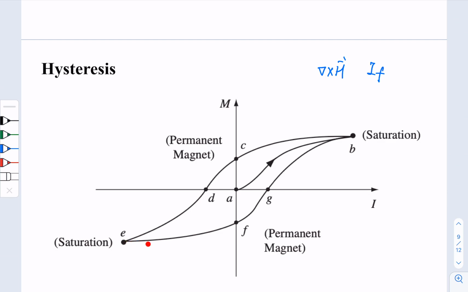If you continue to go back and increase the current, what you get is the inverse of this curve, so it will follow back to the point over here. So you see that it's a closed loop, but it never goes back to the origin.